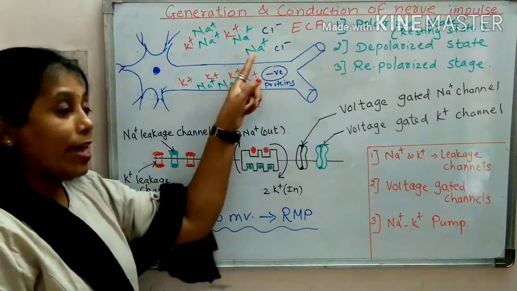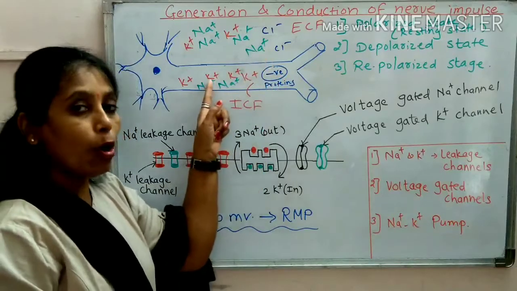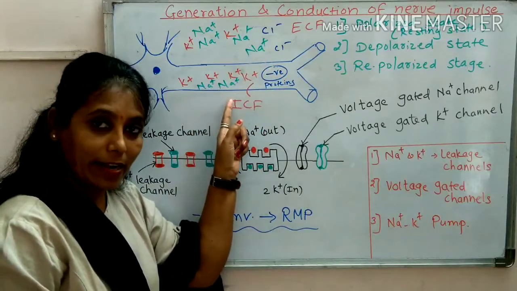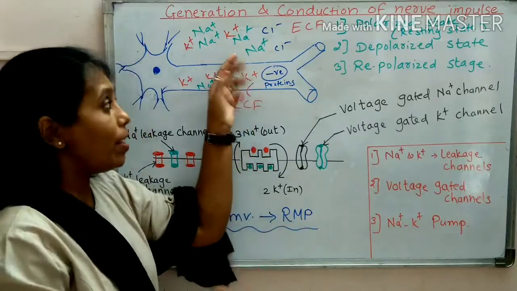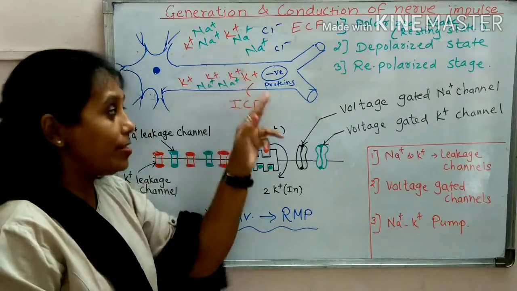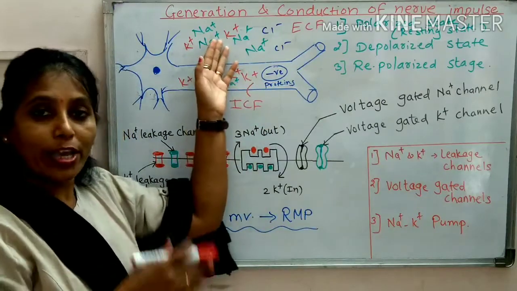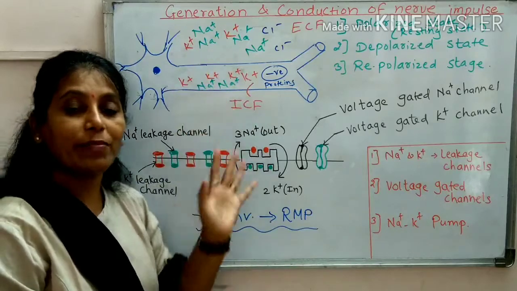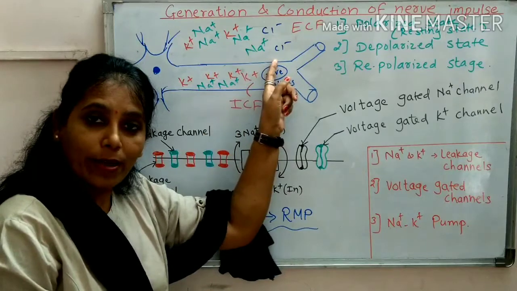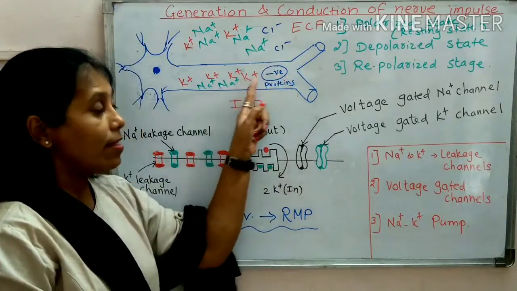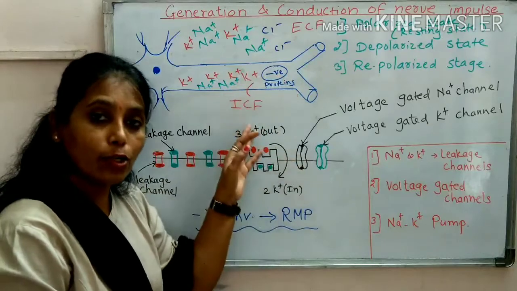Potassium ions are present outside too, but if you see the ratio, more potassium is present inside. Sodium is present more in number outside, but it is present inside also. Comparatively, more sodium outside and more potassium inside. Chloride ions are also present. Inside, the negatively charged proteins and nucleic acids are also present.